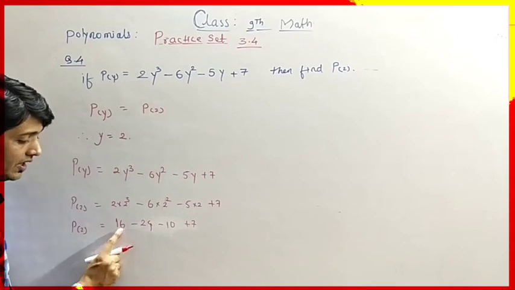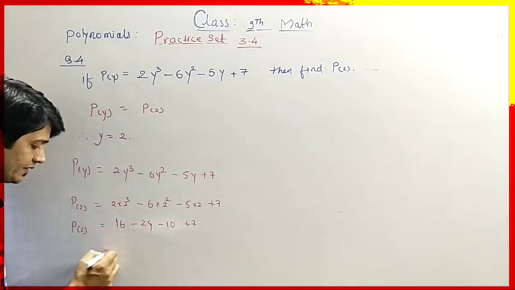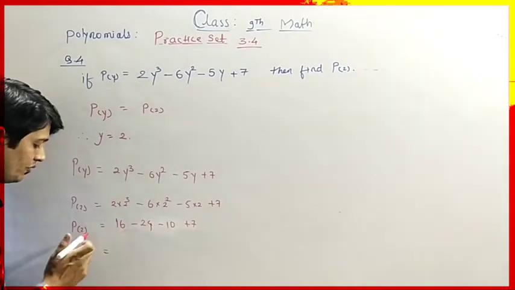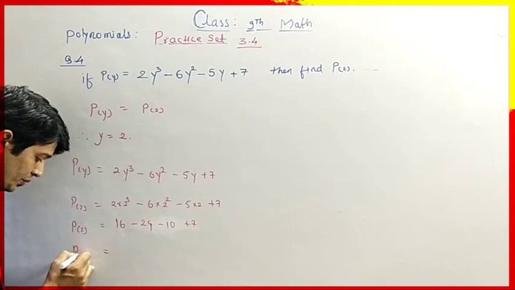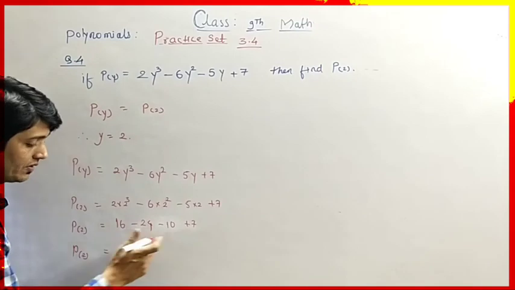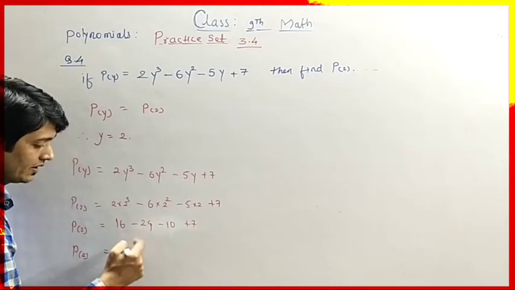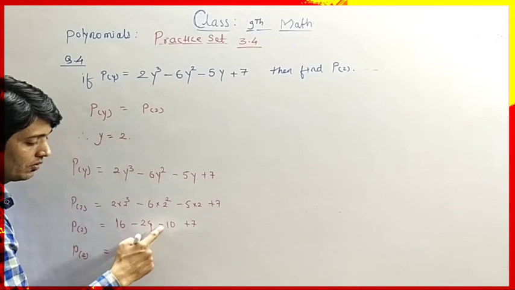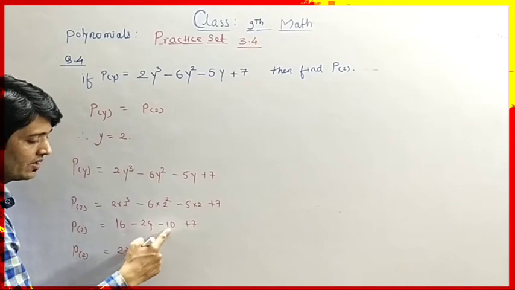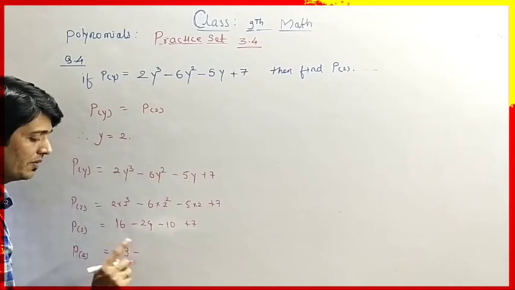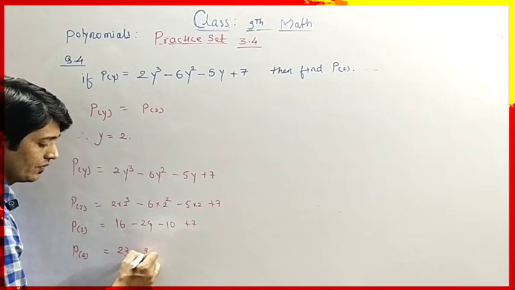So 16 plus 7, both have the same sign, so we'll add this first. So p(2) equals 16 plus 7 is 23. Minus 24 and minus 10 will add and the sign will remain the same, so it will become 34.